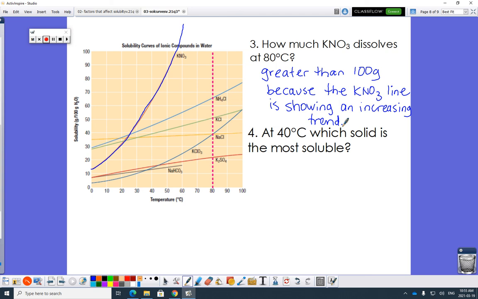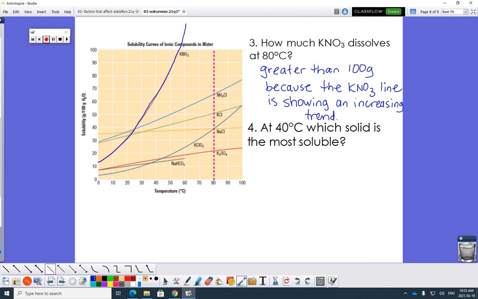You could also be asked sort of general questions like this. At 40 degrees, what substance is the most soluble, like would have the most dissolving? So you go to 40 degrees. Oh, did you see that? I like that.